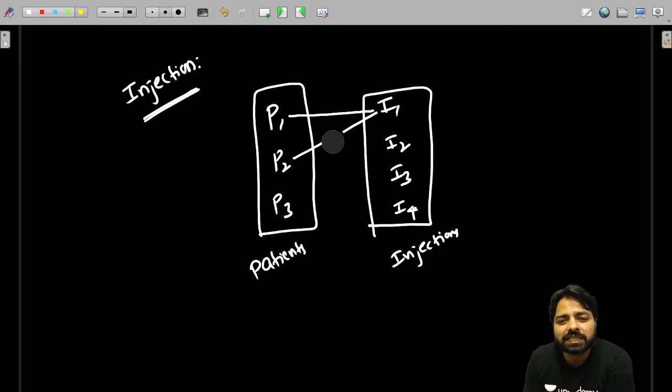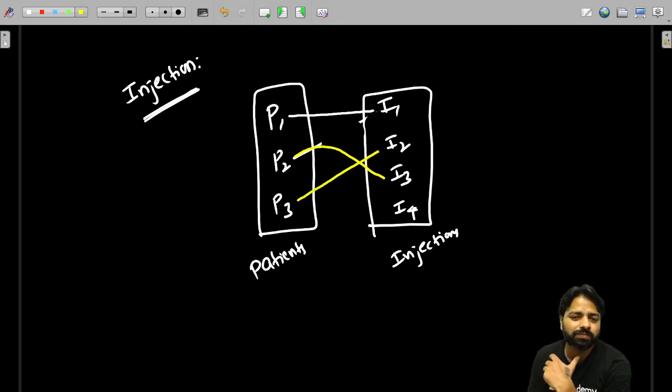So the injective function is going to say the same thing. If there are two different patients, then you should get two different injections. That's the concept. So every two patients in the hospital should have two different injections. So to P2 I can give I3 and to P3 I can give I2. Injections can be more than or equal to patients, but injections can never be fewer than the patients.